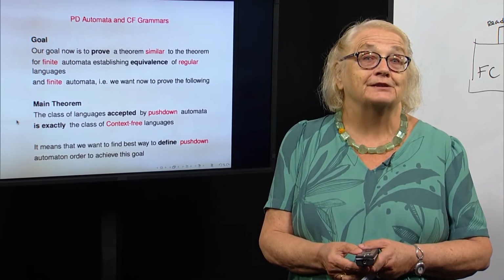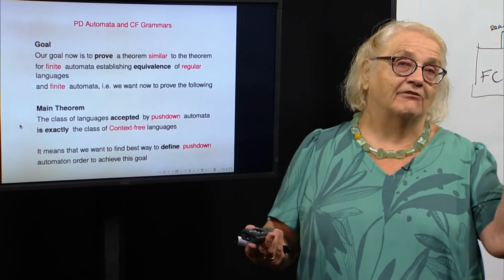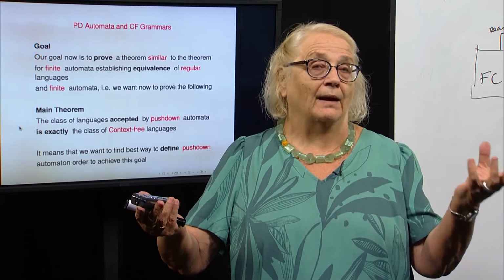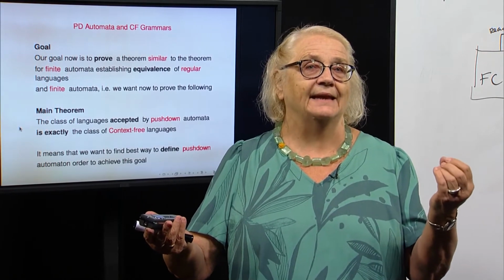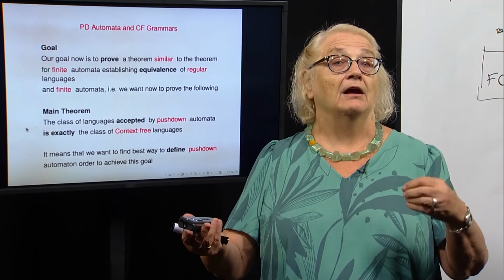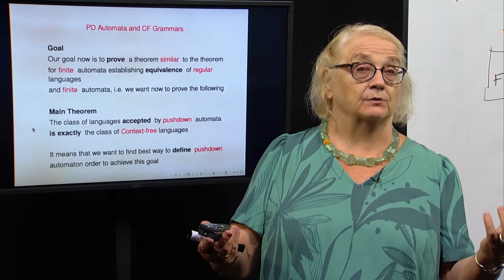And then, of course, we know that we already did finite automata and regular languages. They were equivalent in the sense that any language accepted by a finite automaton is regular, and for any regular language we could construct a finite automaton.